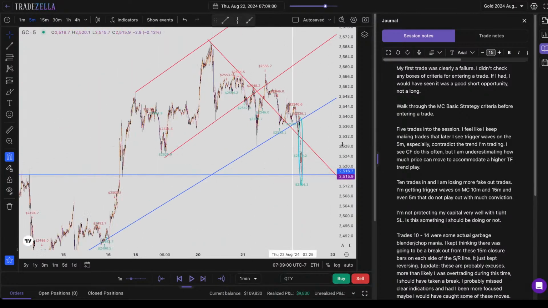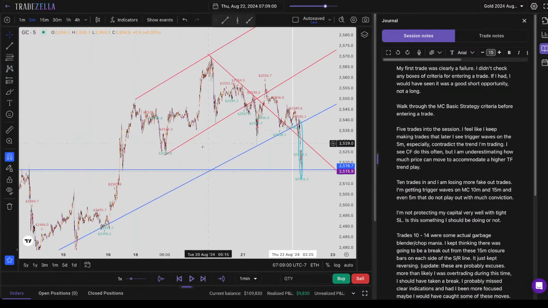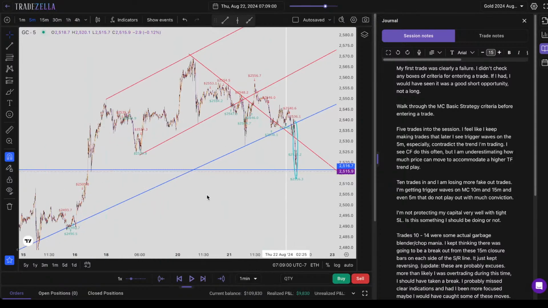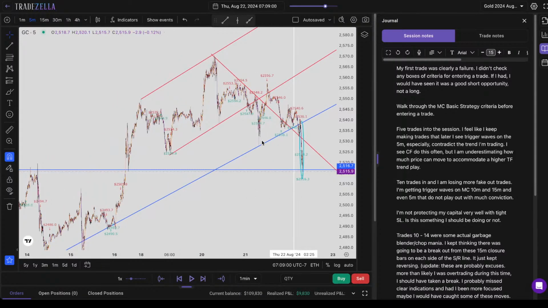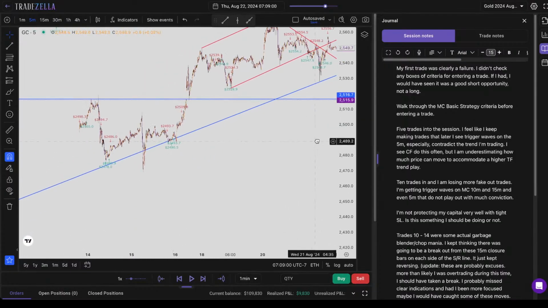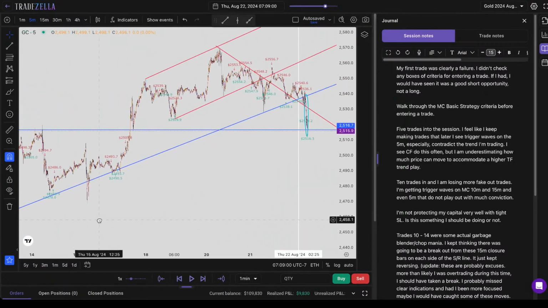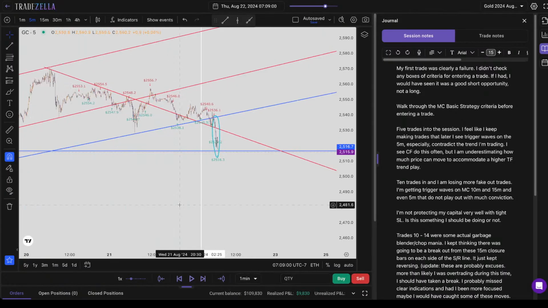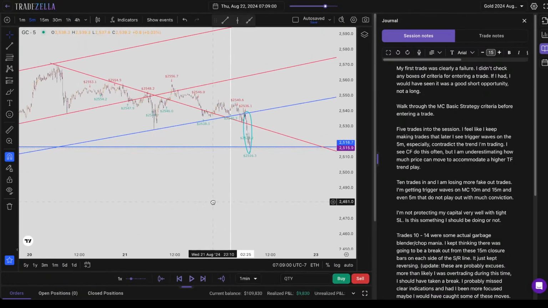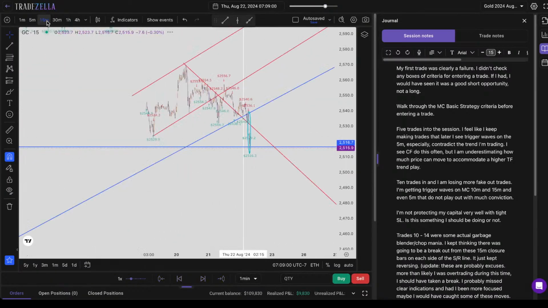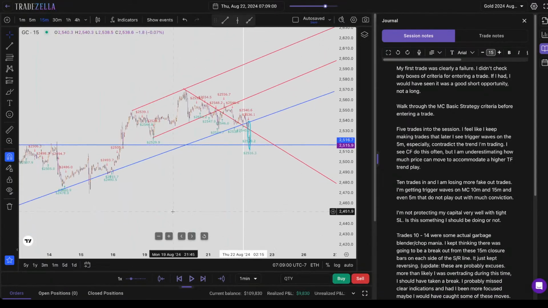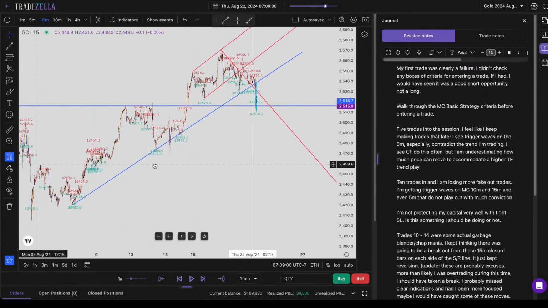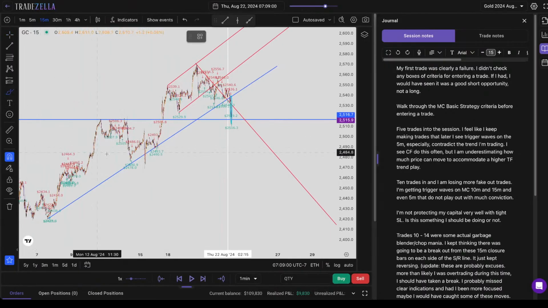For those who have been tuning in, you already know about these beautiful trend lines that I have marked out. We got this beautiful blue trend line going back from the beginning of August. And this is the first time she's broke through. Well, that's okay, not 100% accurate.